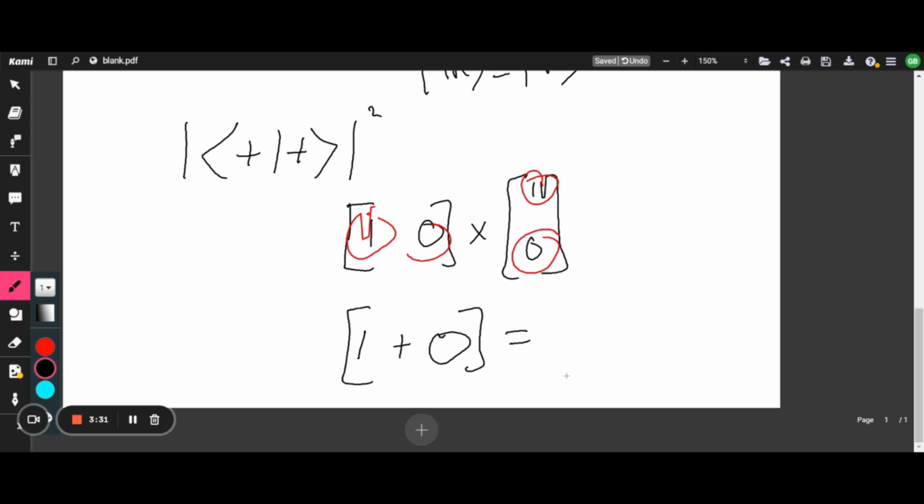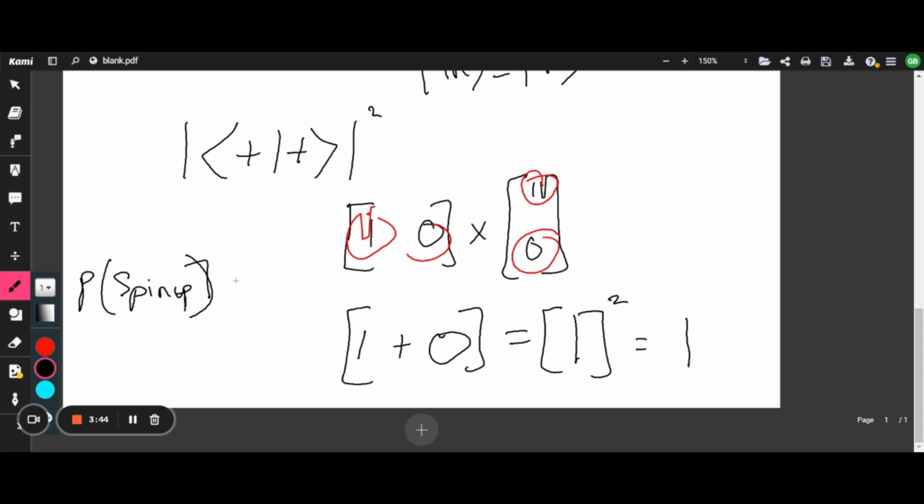And 1 plus 0 equals 1. And then squaring that, we get 1. So the probability of finding a particle spin up in this particular situation is 1, which we see in the simulation itself. All the particles that came into the second analyzer were all recorded as spin up.